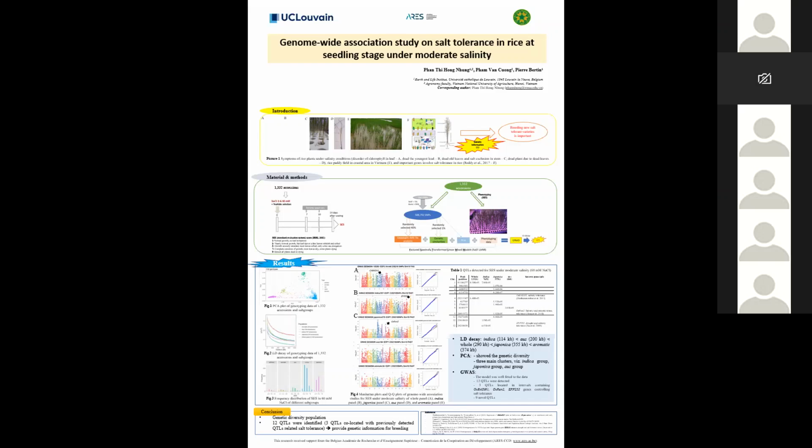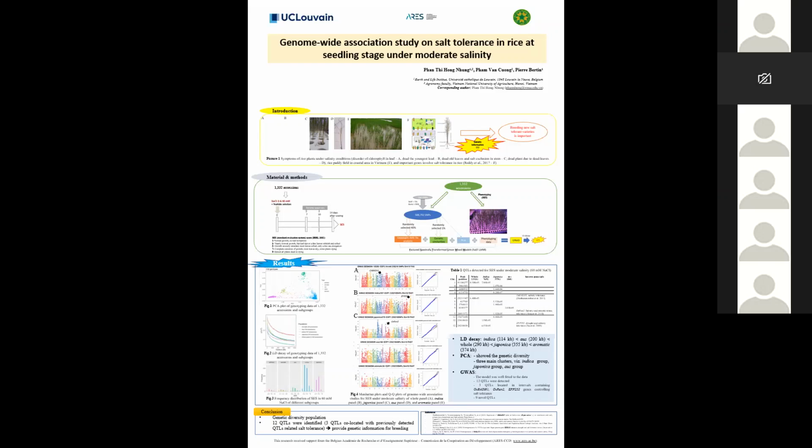To analyze GWAS here, we need to consider population structure, and here we use PCA as covariate data. The second figure is the LD decay of different groups. The red color is the aromatic, followed by japonica, whole population, aus, and indica rice.